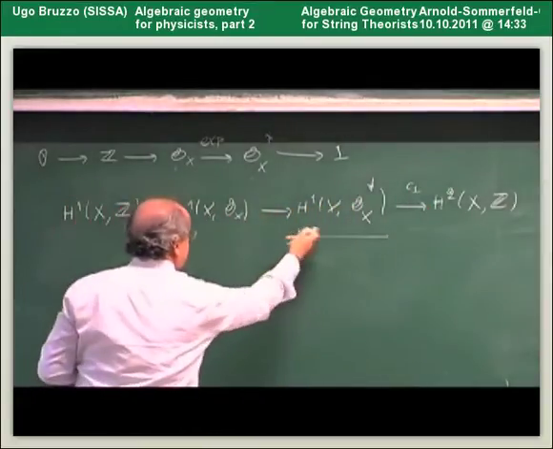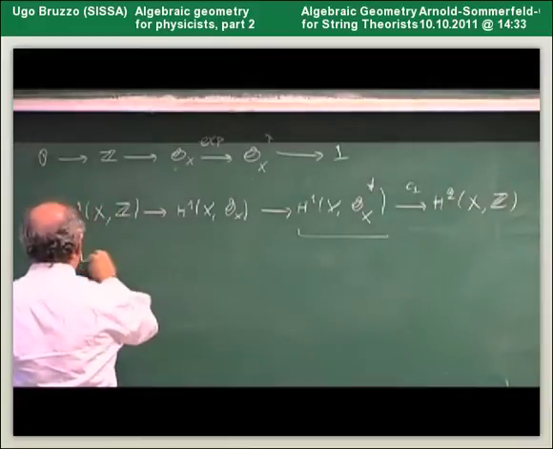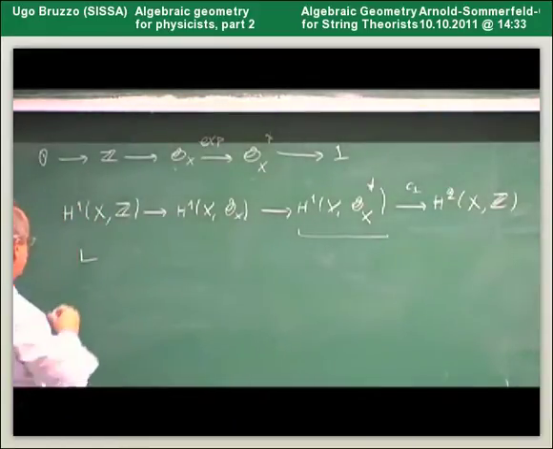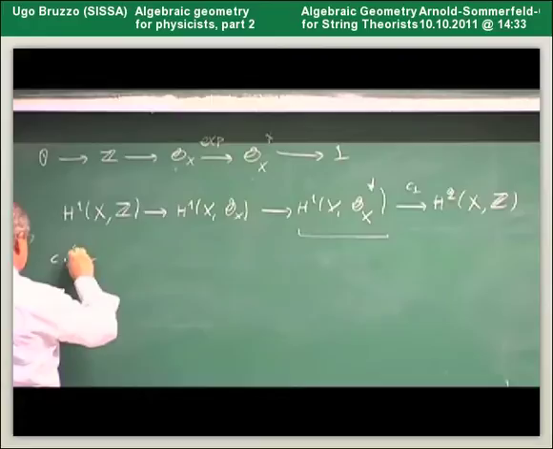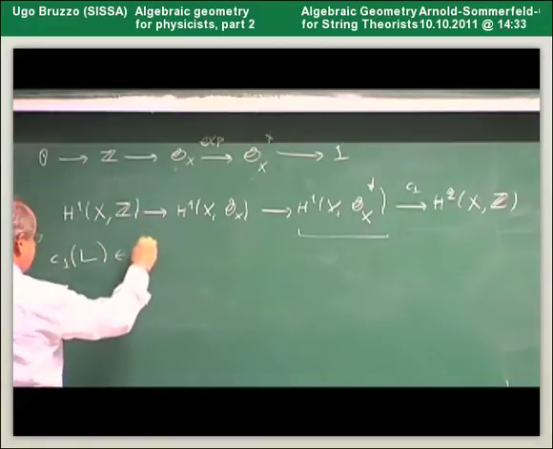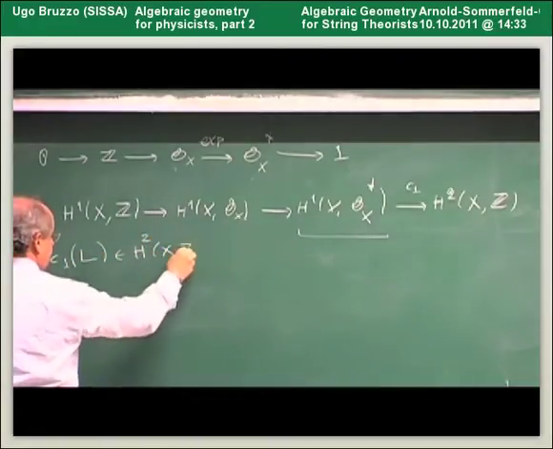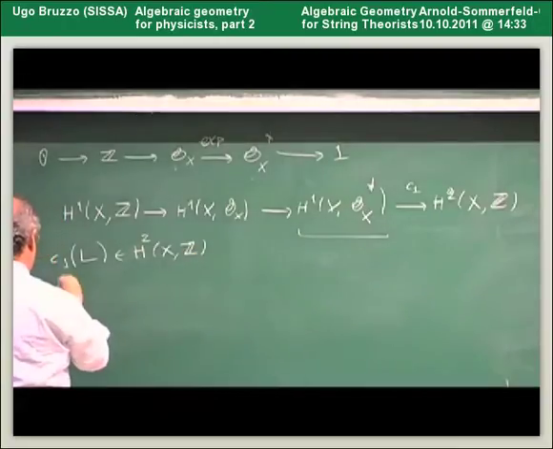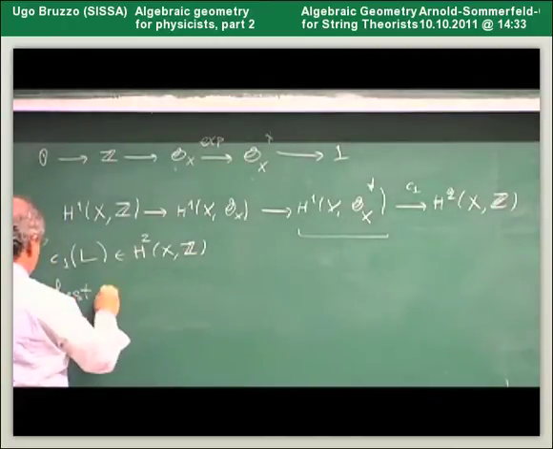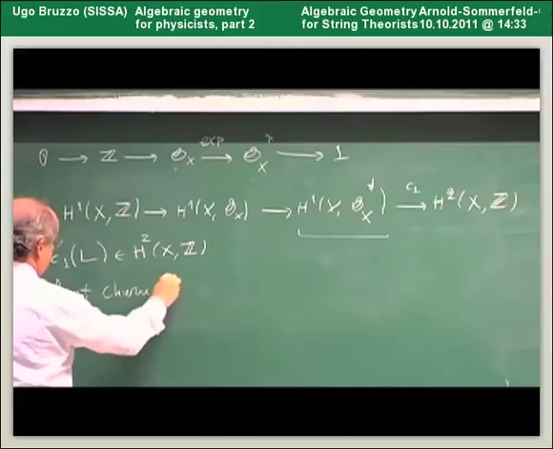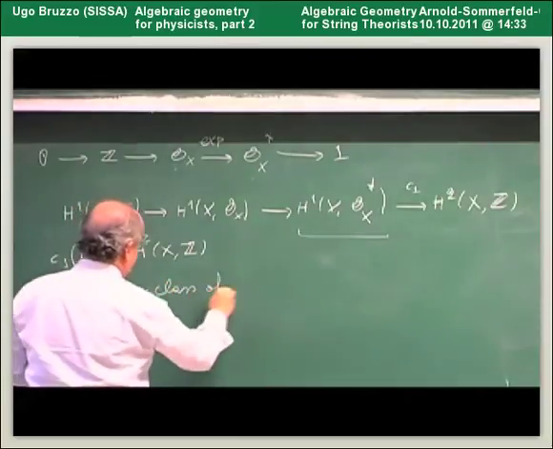And I can think that an element here is represented by a line bundle. So to this line bundle, I can associate a cohomology class, which is its first Chern class, the first Chern class of L.